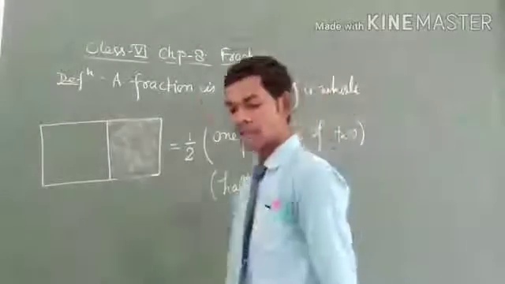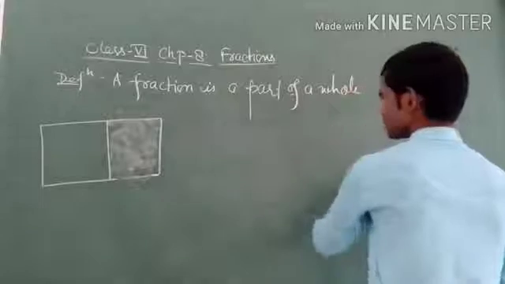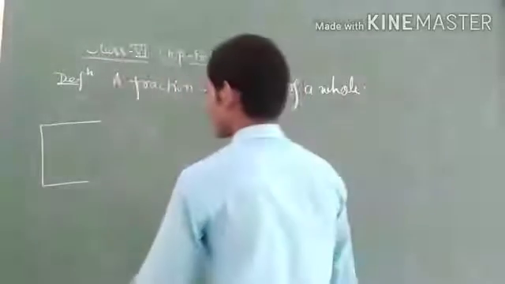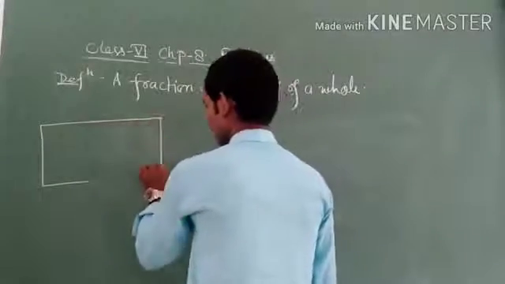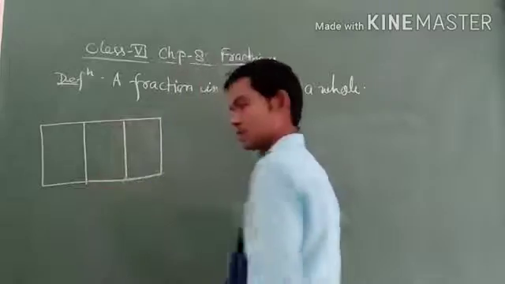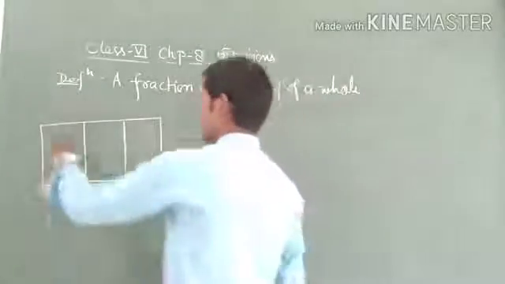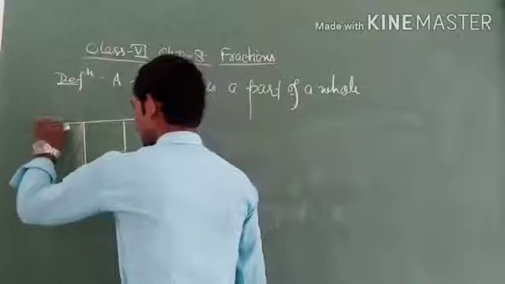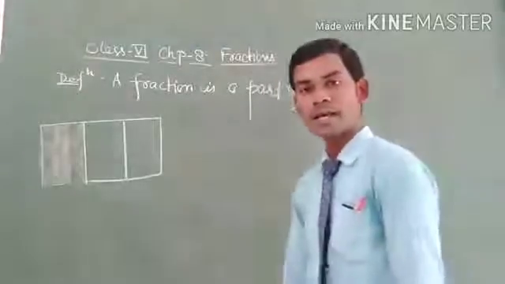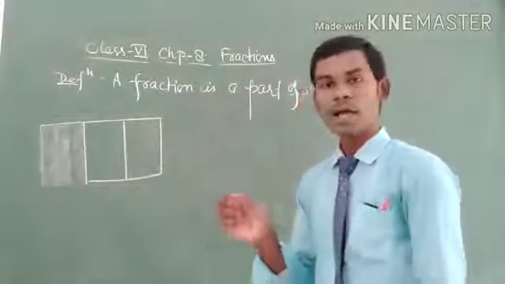Okay, and in the next, if we divide the rectangle into three equal parts, and if we shade one part, then here we can see that one part out of three has been shaded.